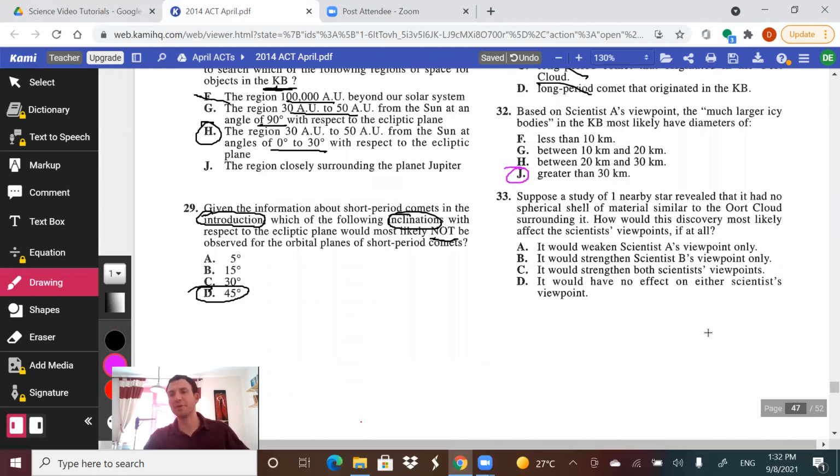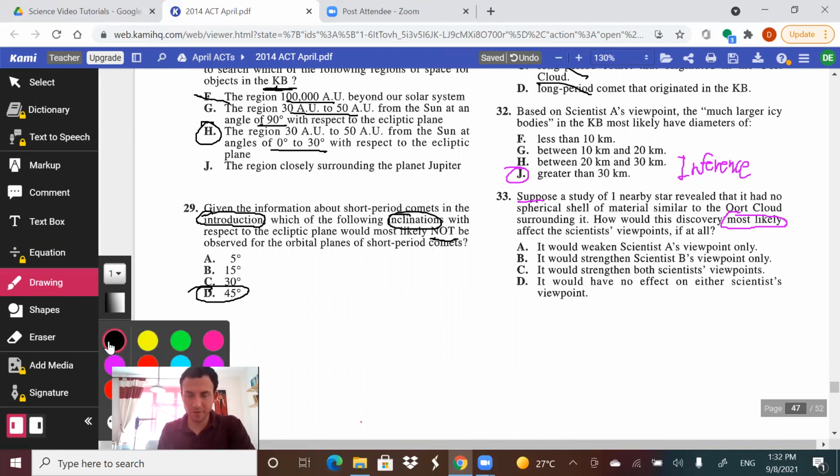Okay, 33. 33 should be challenging. It's the last one of the set. So this is a "suppose most likely," which means we're going to have to make an inference. Let's see what it wants us to infer. Suppose a study of one nearby star revealed that it had no spherical shell of material similar to the Oort cloud surrounding it.